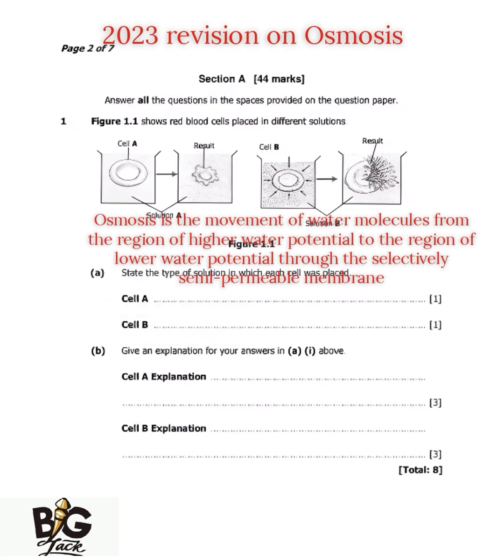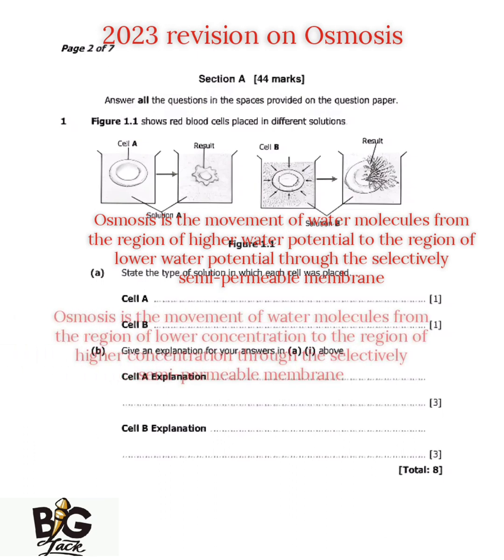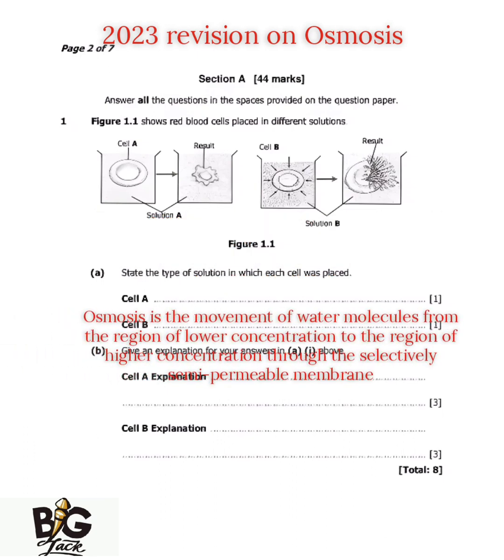Apart from that, I can also define osmosis as the movement of water molecules from the region of lower concentration to the region of higher concentration through a selectively semi-permeable membrane. Now, we are familiar with the vacuole or the cell sap.